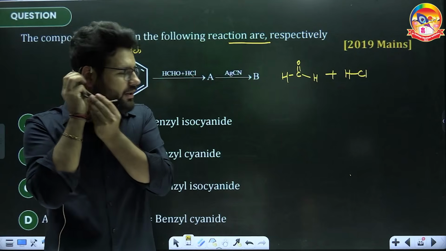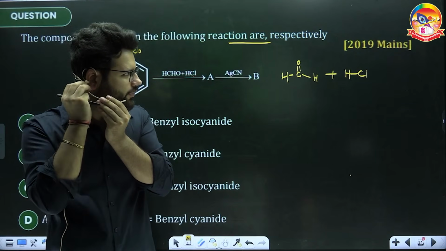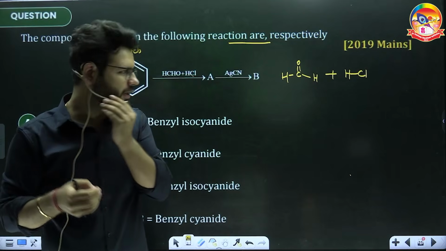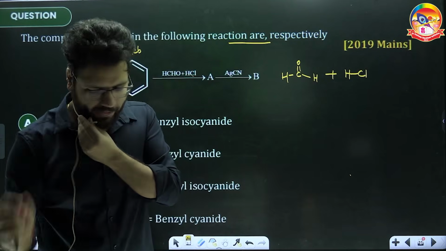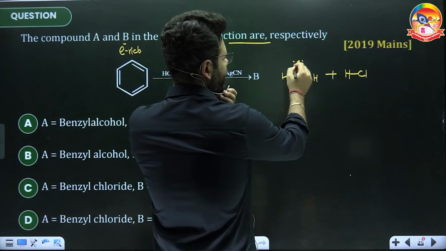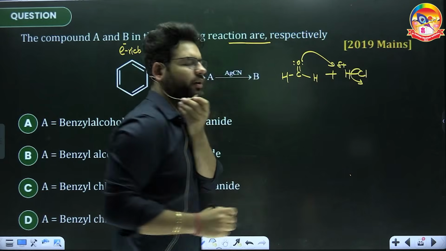The same thing would happen here. As soon as you take HCl in the presence of aldehyde, this oxygen can attack the partial positive hydrogen, and Cl minus can go out.